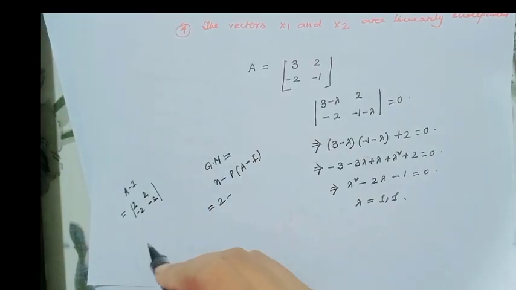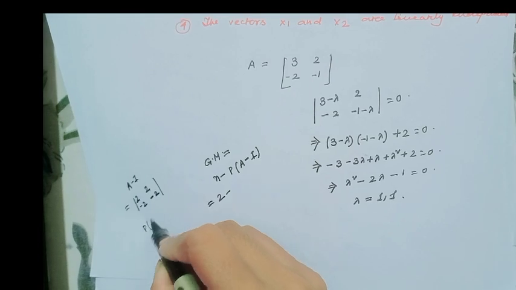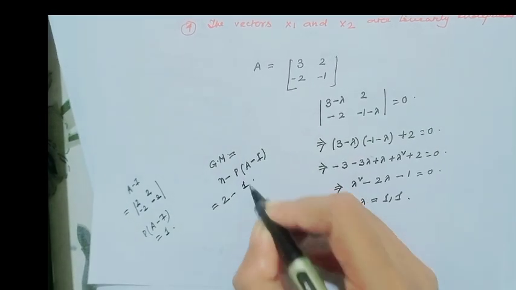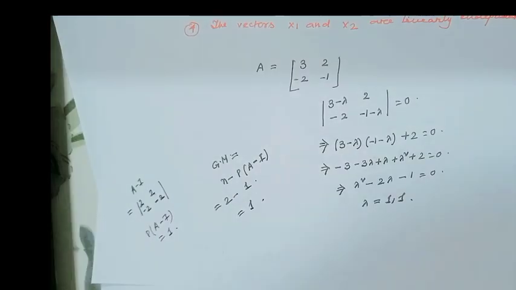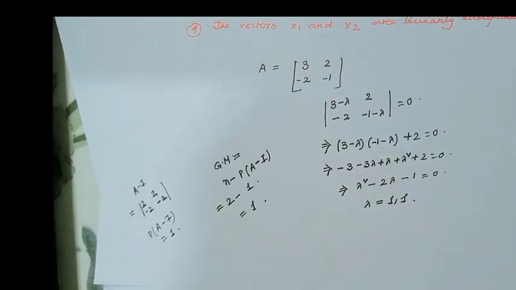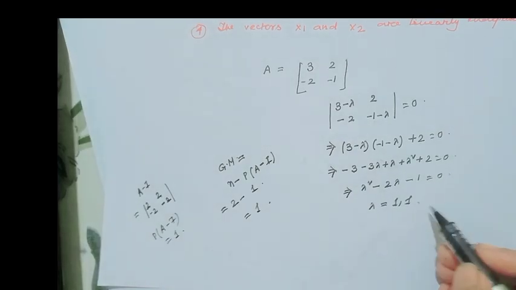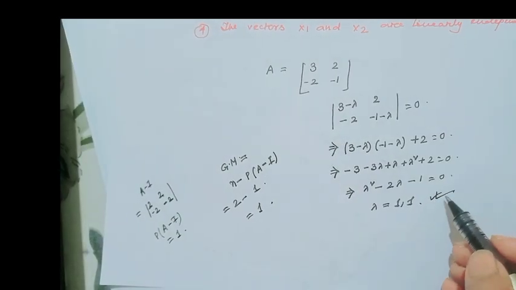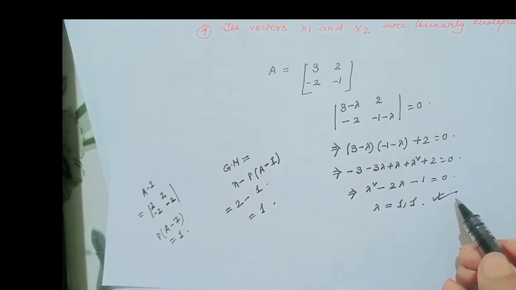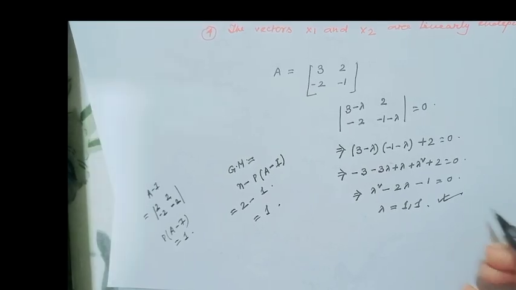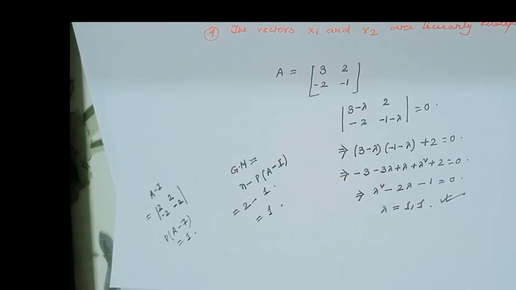The rank of A minus I is 1. That means this value is 2 minus 1, which is 1. So since the geometric multiplicity is also 1, that means for this repeated eigenvalue, there is only one linearly independent eigenvector.